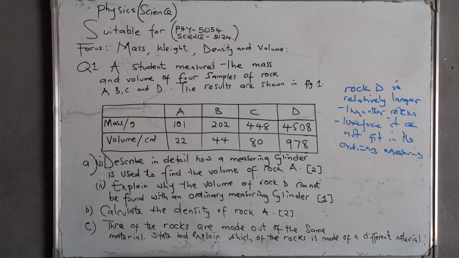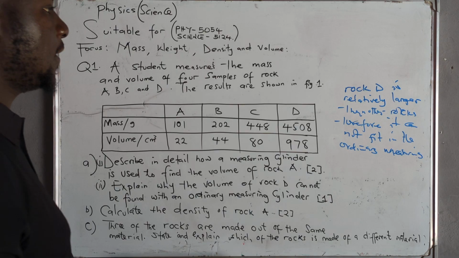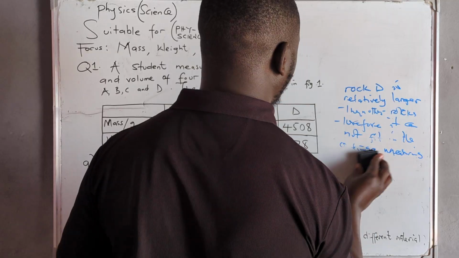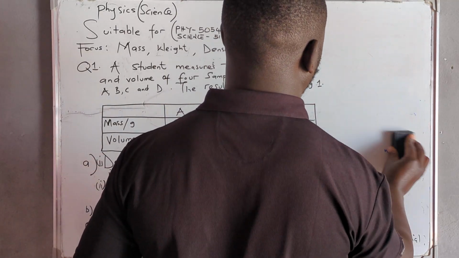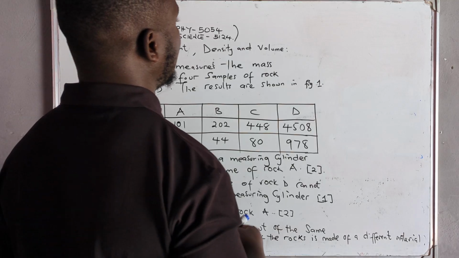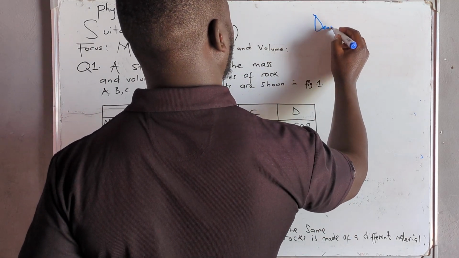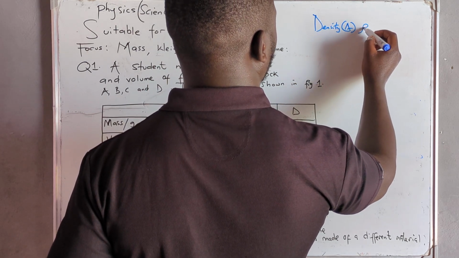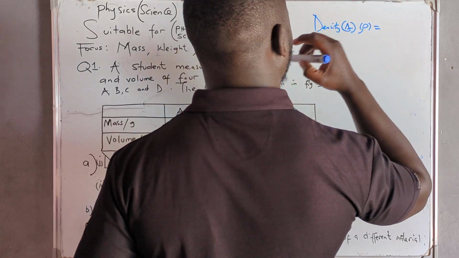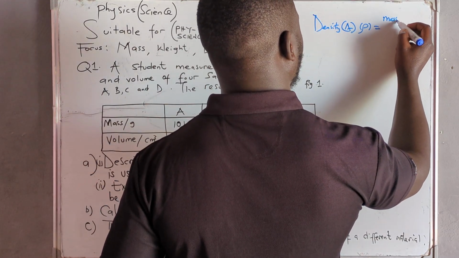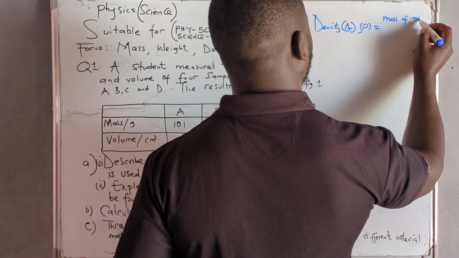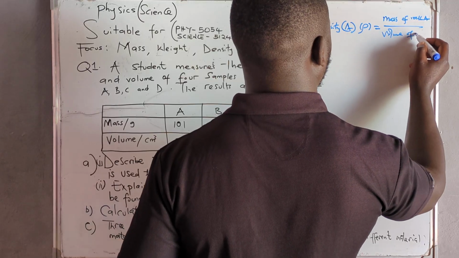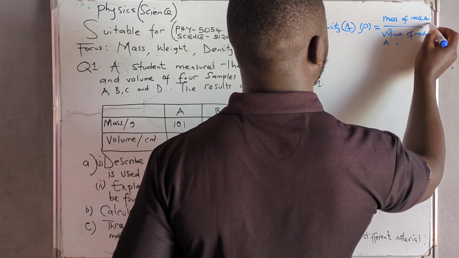Then calculate the density of rock A. So understand that density is denoted by a Greek symbol called rho. So the density of solid rock A, which is rho, is given by the mass of rock A over the volume of rock A. And this information we've been given.